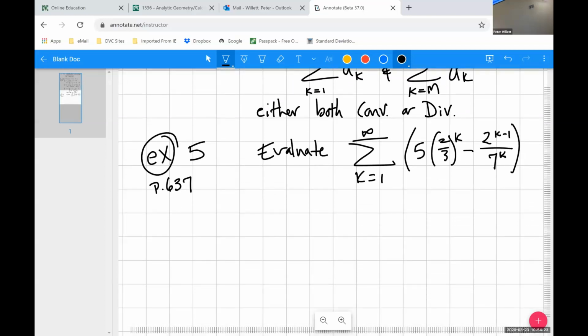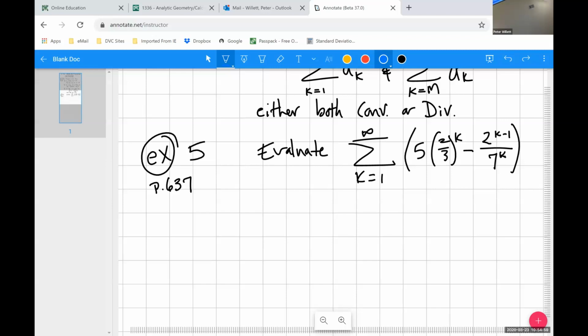Okay, so basically we can see different pieces in here. There's this constant multiple of 5, and we can just pull that out. There are two terms separated by the subtraction, so we can distribute the series notation across that subtraction so that we don't have to deal with all of those separately.